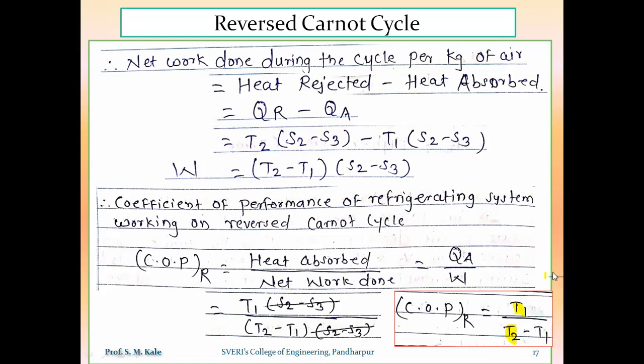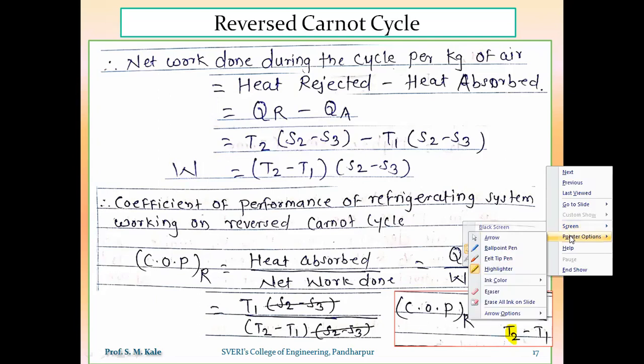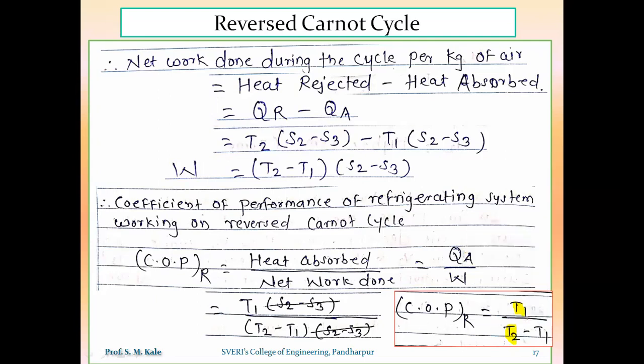So here, if I want to increase the value of COP of that reverse Carnot cycle, then either I need to increase the numerator, or I need to decrease the denominator.